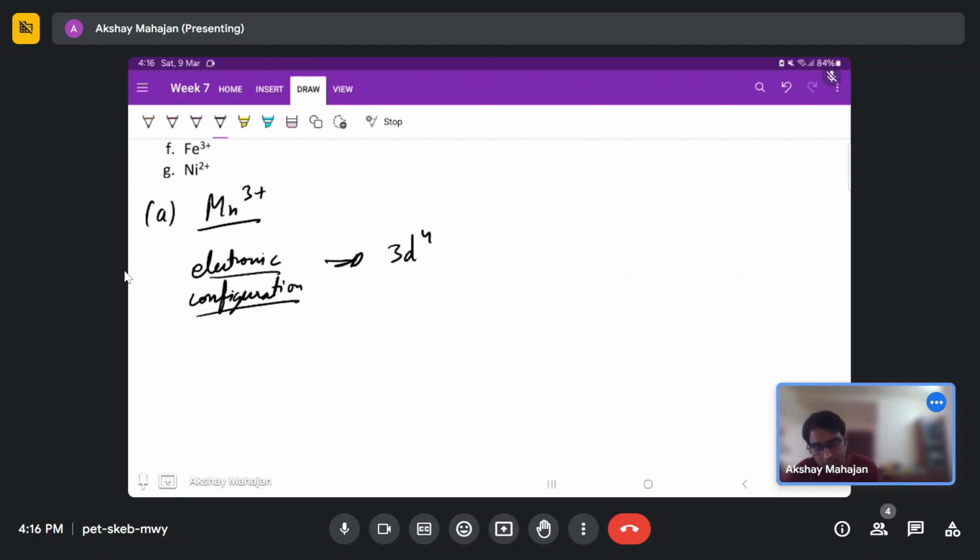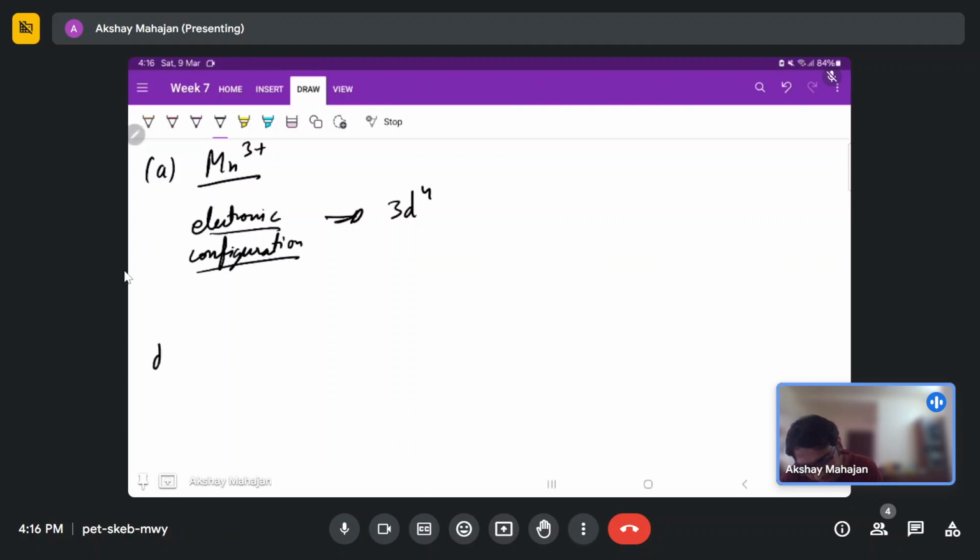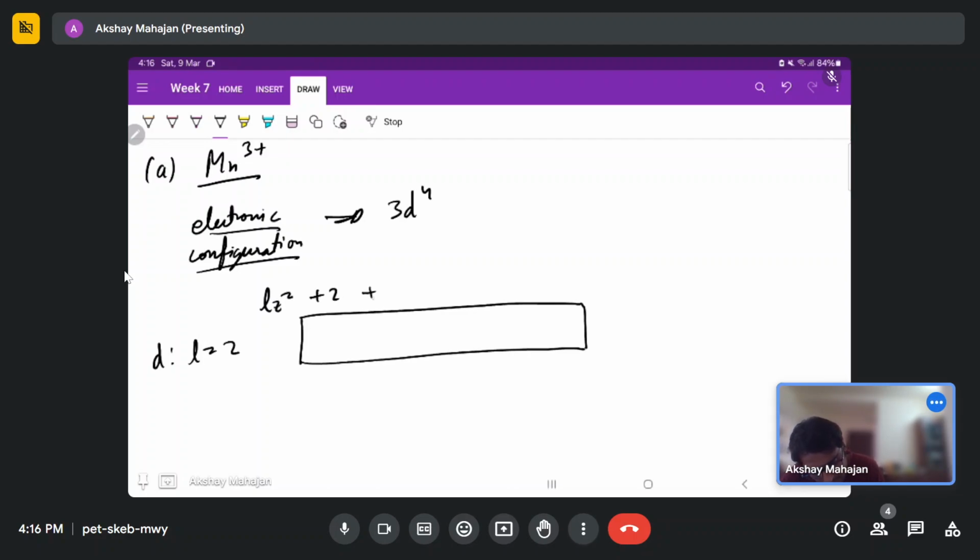Now here we have d. For d, l will be equal to 2, so we will have Lz values +2, +1, 0, -1, -2. Now we have 4 electrons here.